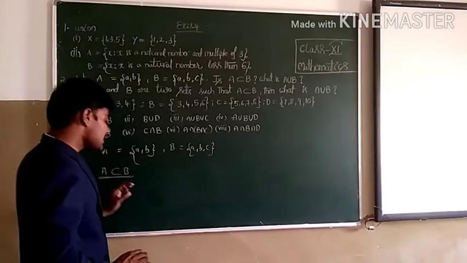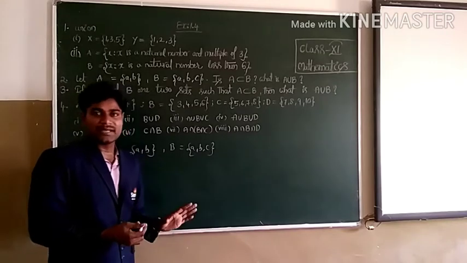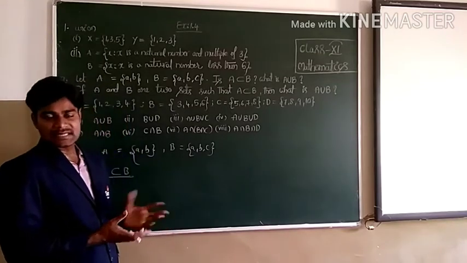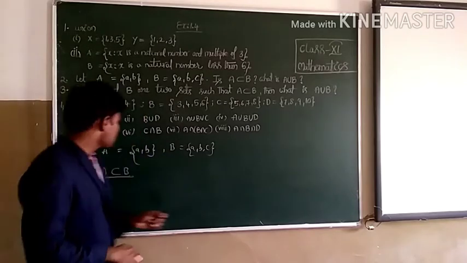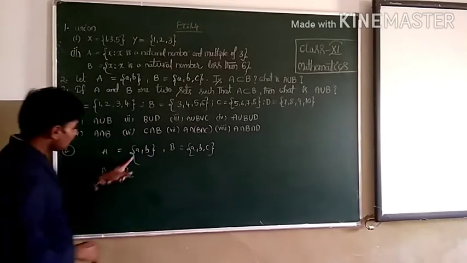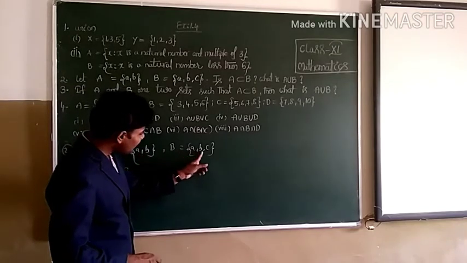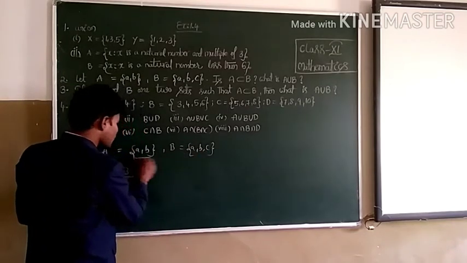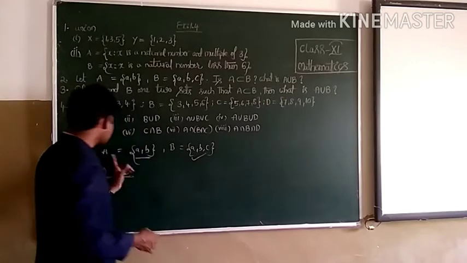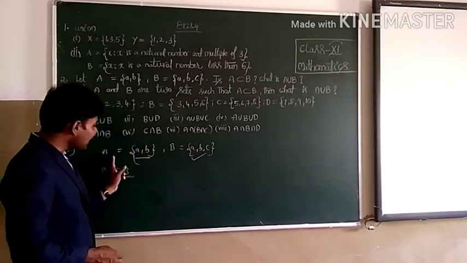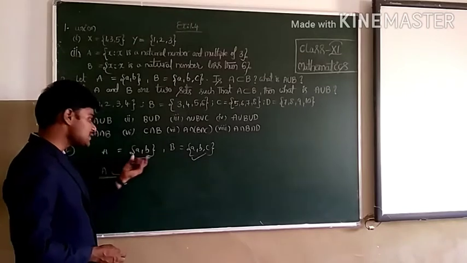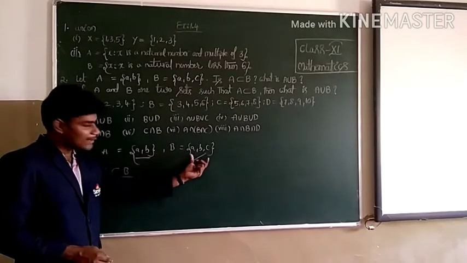Subset means if every element of set A is an element of set B, then A is a subset of B, right? So check here: A and B, and here A, B, C. These elements are available in this set. So A is a subset of B, because the elements available in set A are also available in set B.